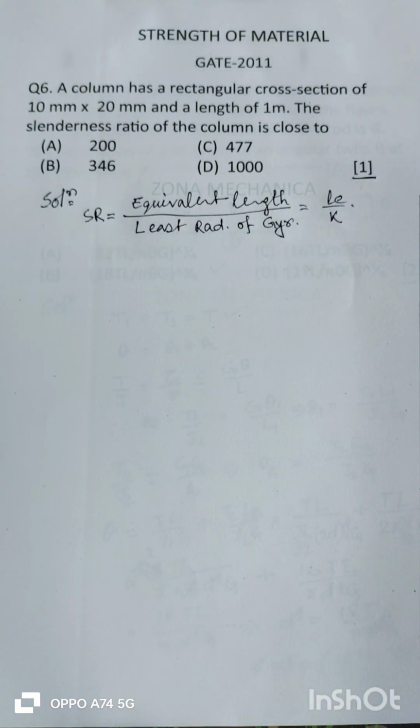Radius of gyration is the maximum deviation of the axis of the column from the mean position. It varies with the cross section of the column.